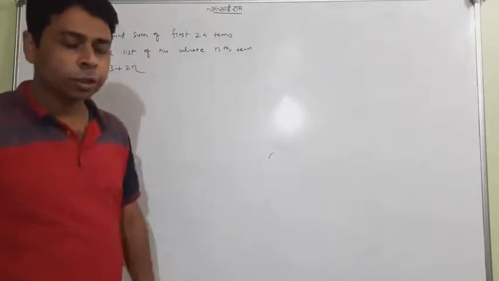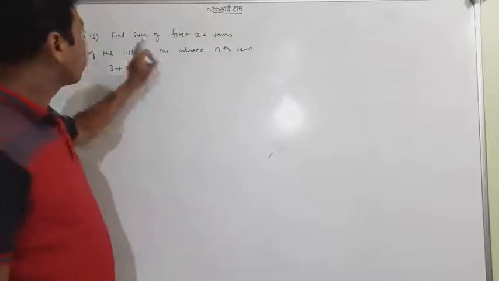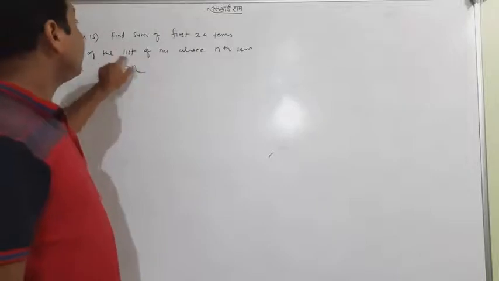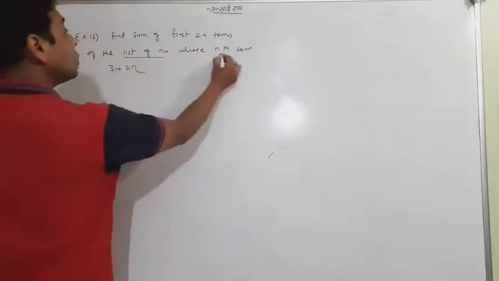It's a very easy question, actually very easy. Find the sum of first 24 terms of the list of numbers whose nth term is given by this one.